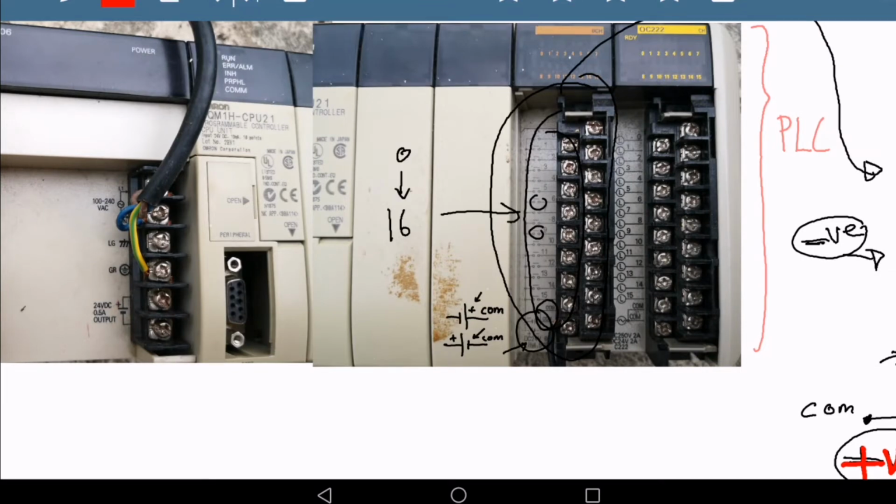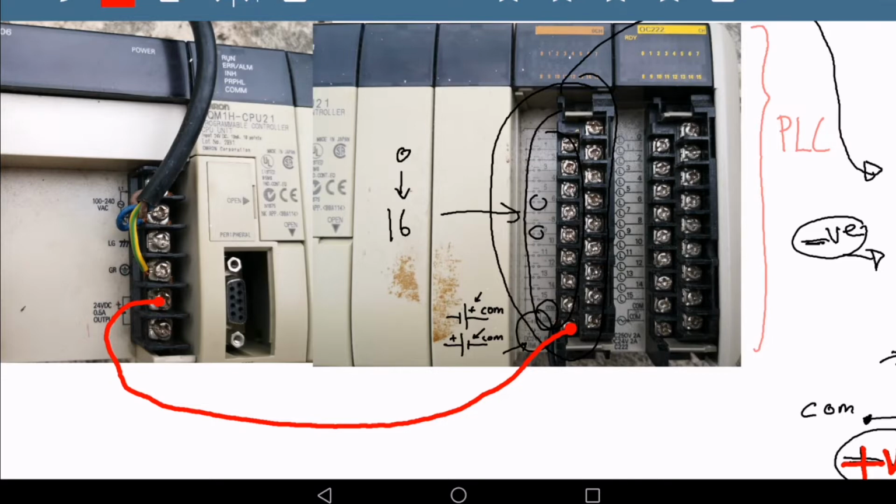We have learned about it just now. So you take your cable, and the common is connected to positive. The common connected to positive.